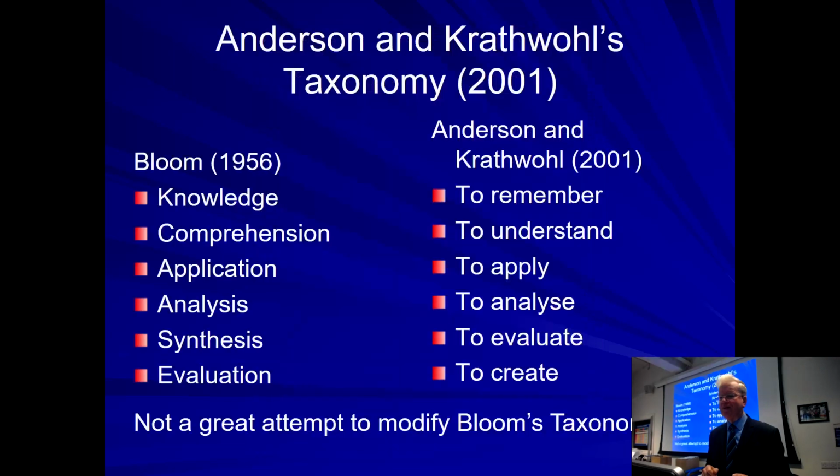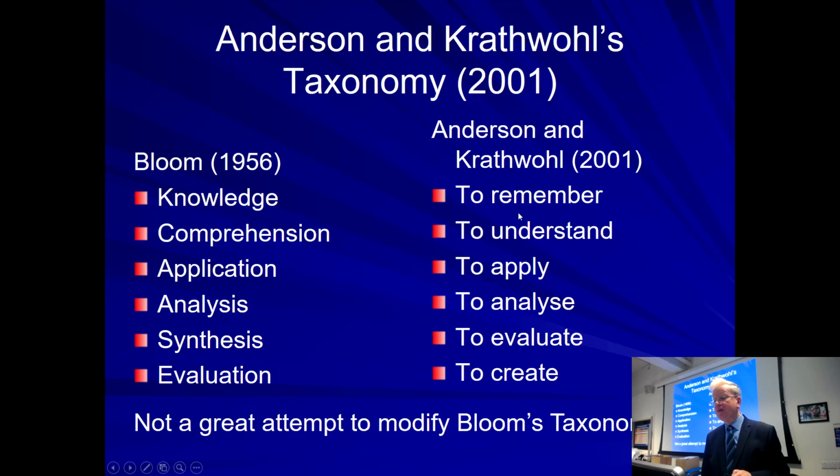Now, just one point in passing, sometimes people Google Bloom's taxonomy and they don't get Bloom's taxonomy, they get Anderson and Krathwohl's taxonomy. Anderson and Krathwohl brought out an update, they called it, but it really wasn't great, in 2001. And basically they swapped synthesis and evaluation.